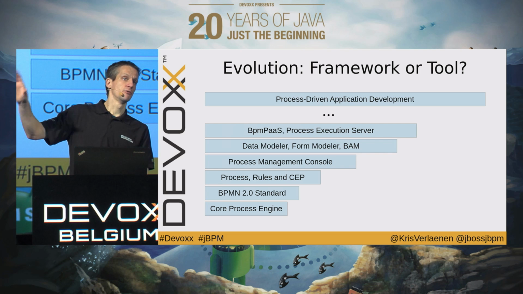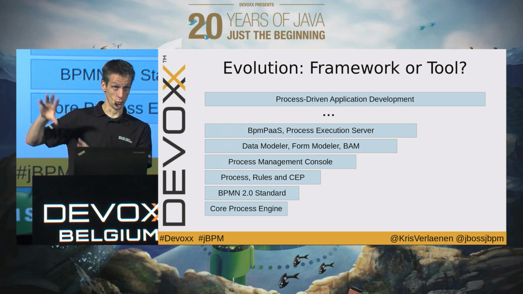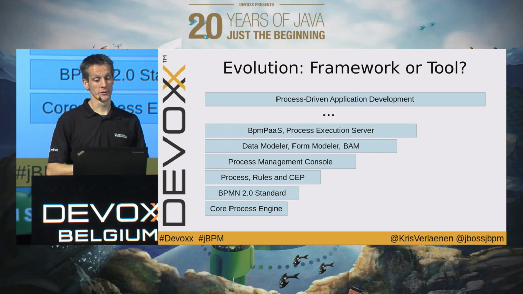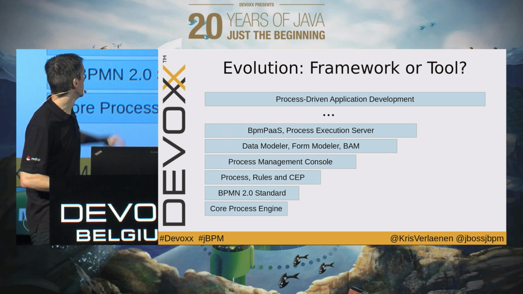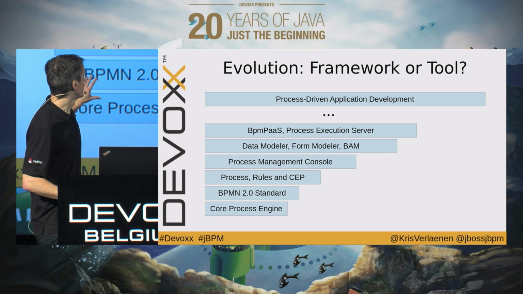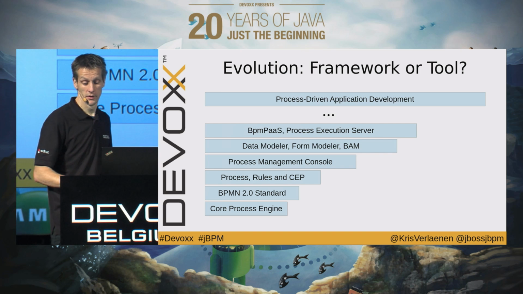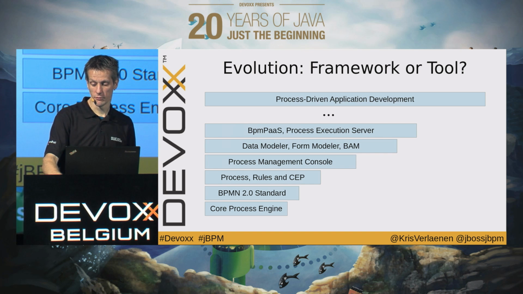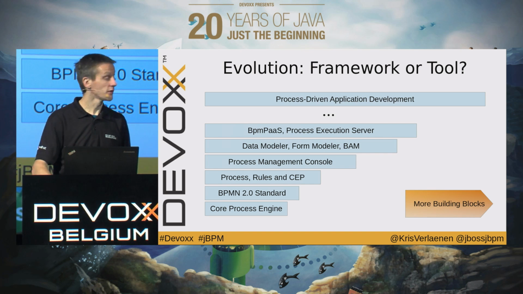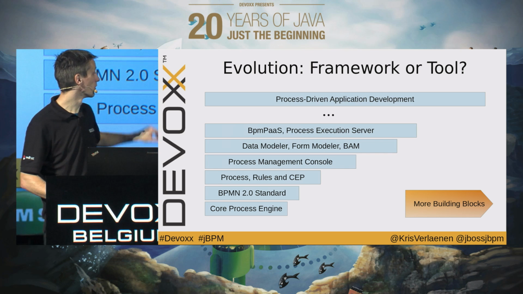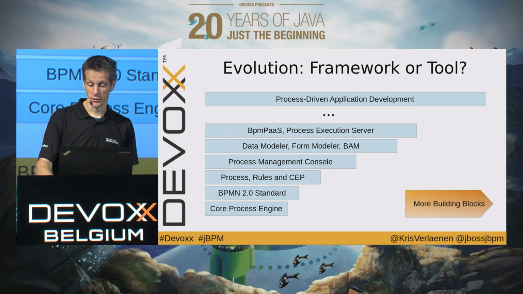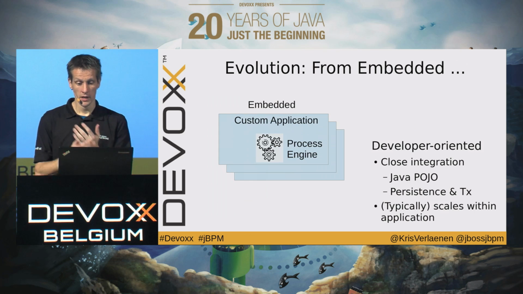If you're not interested, if you have your own, you can easily integrate with your own. But we want to try and give you all the necessary building blocks, and that leads to what I call process-driven application development. This is one of the evolutions that led to that. We're actually giving more and more building blocks for you to consume if you want to.